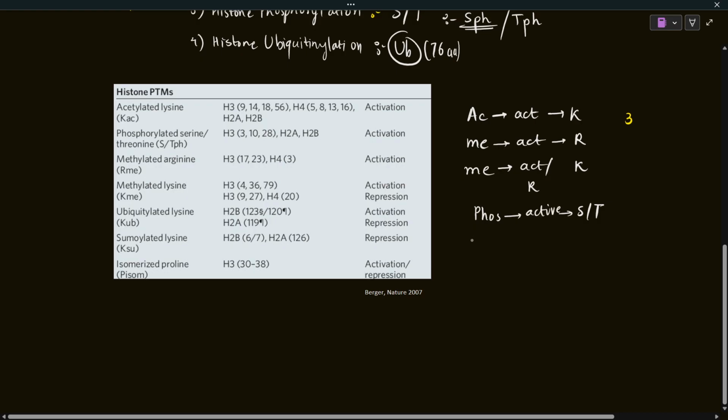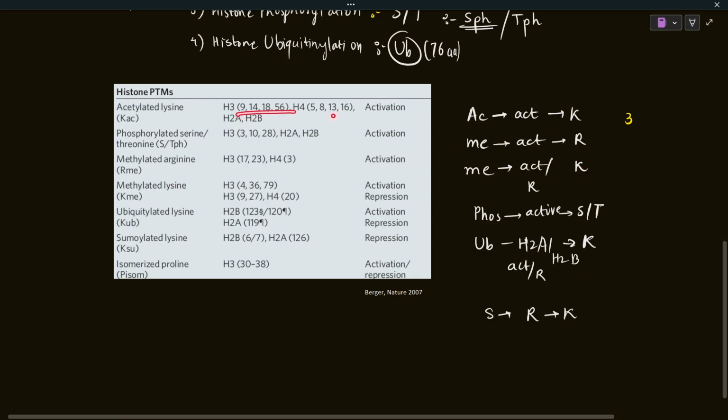And ubiquitinylation can be an active mark or a repressive mark, and it is also done on lysine of H2A or H2B. So it depends. The SUMOylation is always a repressive mark and it is done on lysine. So remember that all of the histone modifications are done on the histone tails. Those residues are the histone tail residues.